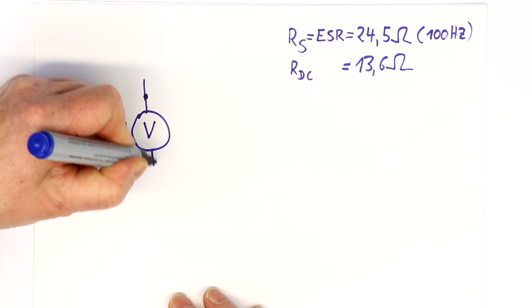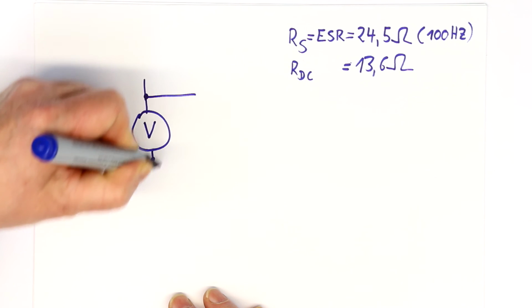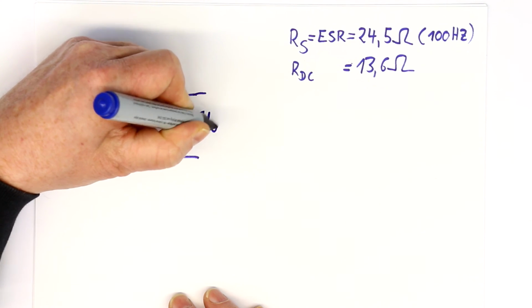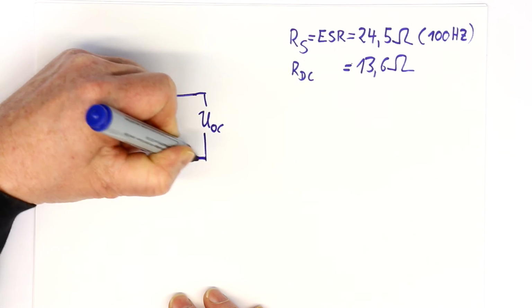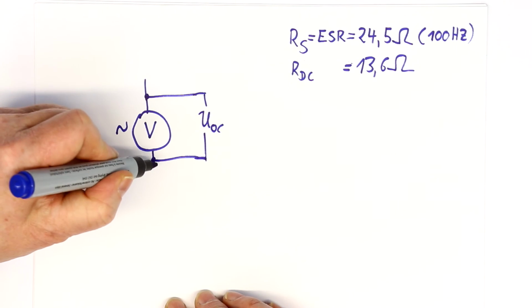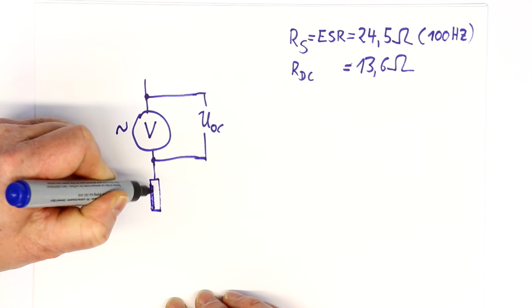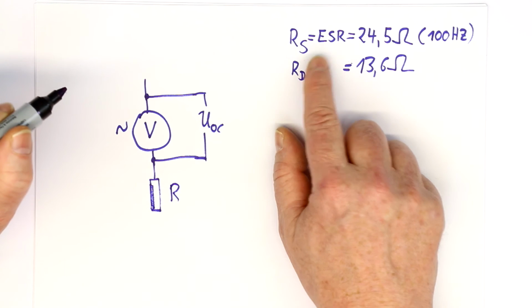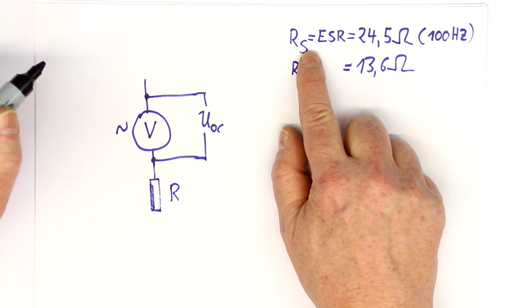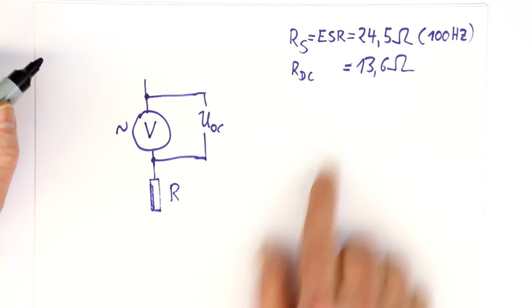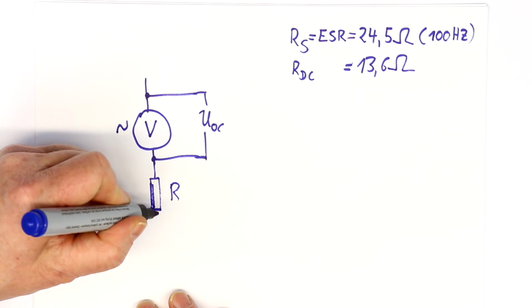And this voltage source has, as its voltage, the open circuit voltage. But we know there is the internal resistance in series. We still are not sure whether it is the ESR, this equivalent series resistance we measured, or only the DC resistance.